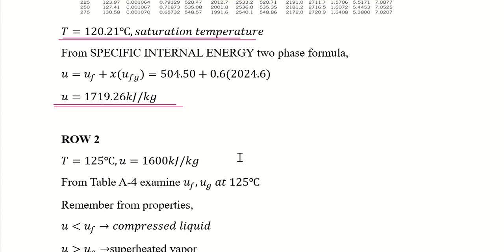So what do you do, and why? How do you know that you have to use table A4? Well, examining the properties of a substance at its saturation point is easy.